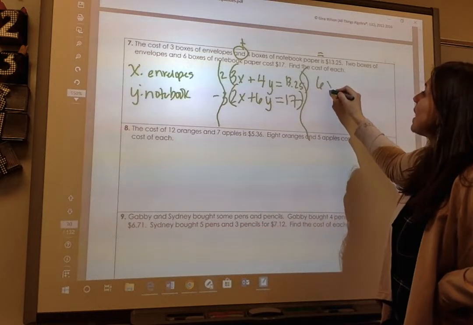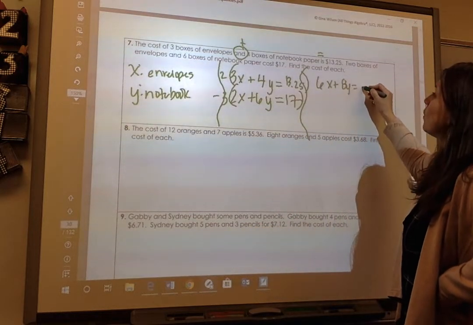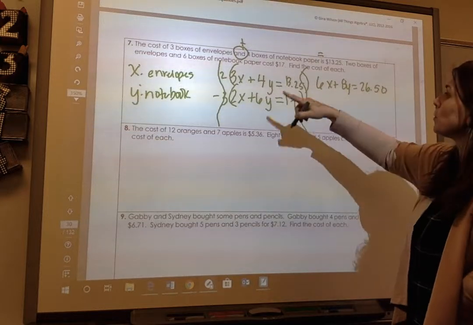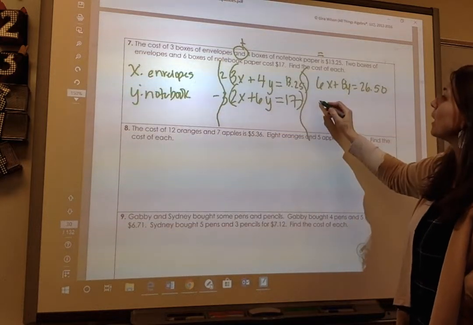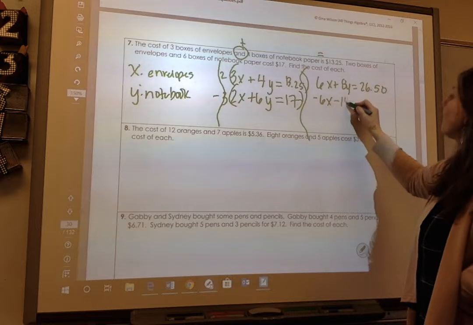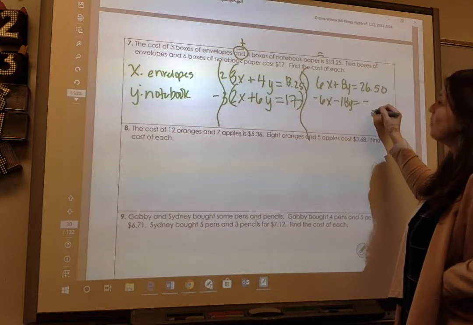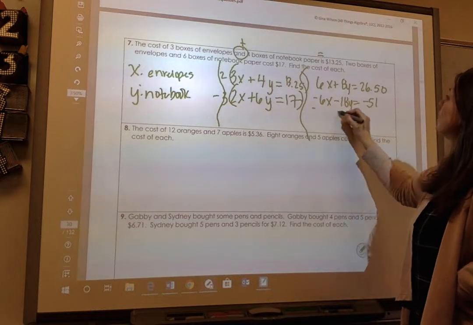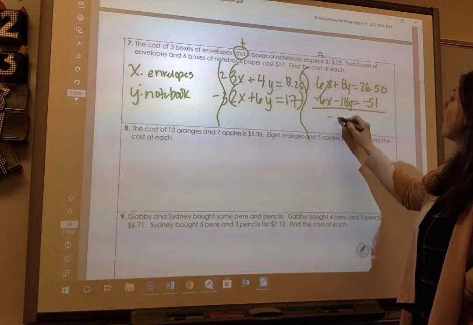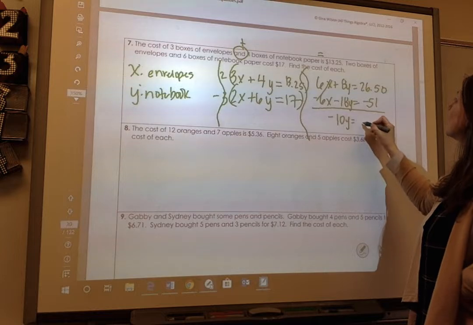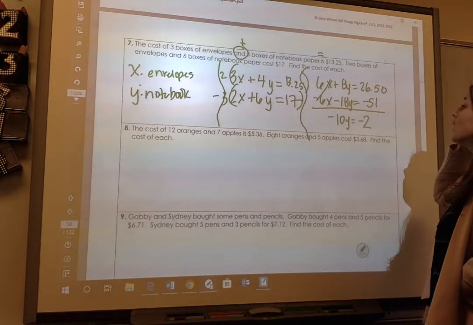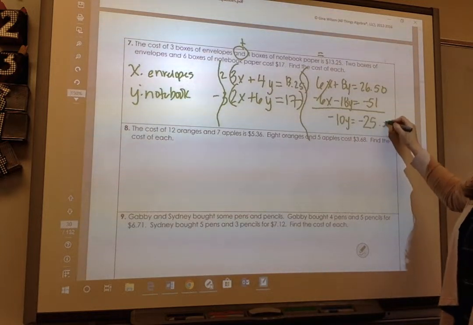So I'm going to get 6x plus 8y equals 2650 by multiplying by 2. And when I multiply by -3, I get -6x minus 18y equals -51. So now my x's cancel out. I have -10y equals -2550.